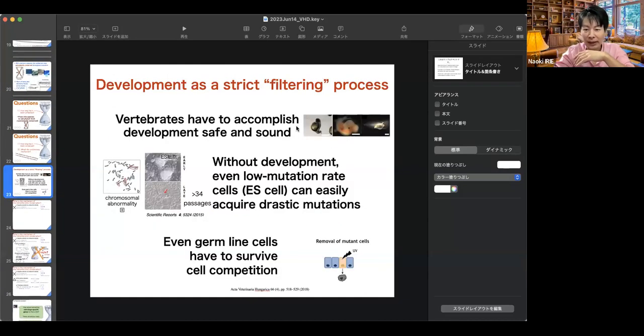So even if some major parts of the body went lethal, some part can create the next generation, which means that the developmental process is not always necessary. So I was lucky to find these results because I focused only on those that start from a fertilized egg to adult to create the next generation.